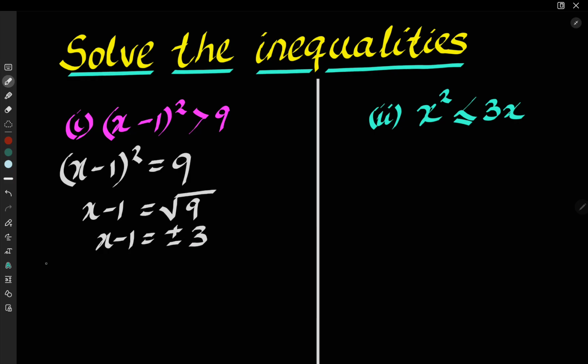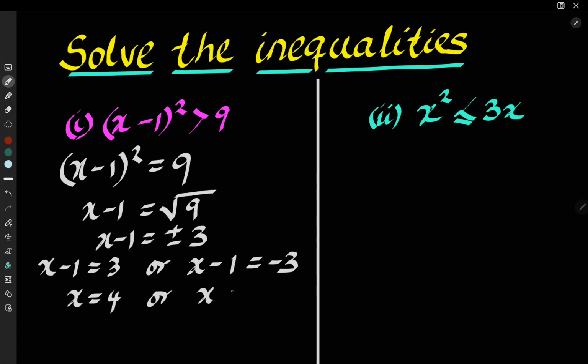Then we can split the equation: x minus 1 is equal to 3, or x minus 1 is equal to negative 3. Then you find that x is equal to 4, or x is equal to negative 2.